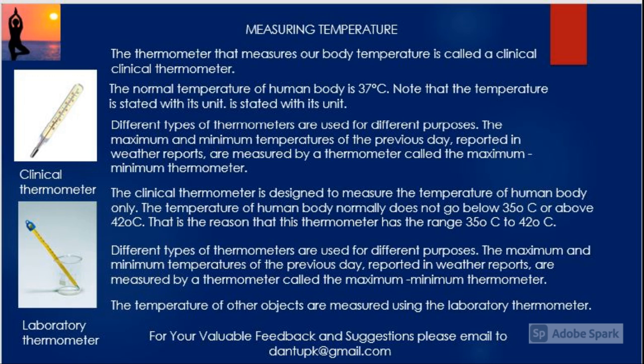If that is the case, how do we measure the temperature of other objects? For this purpose, there are other thermometers. One such thermometer is known as the laboratory thermometer. Please note the highest and lowest temperature it can measure. The range of laboratory thermometer is generally minus 10 degrees centigrade to 110 degrees centigrade.